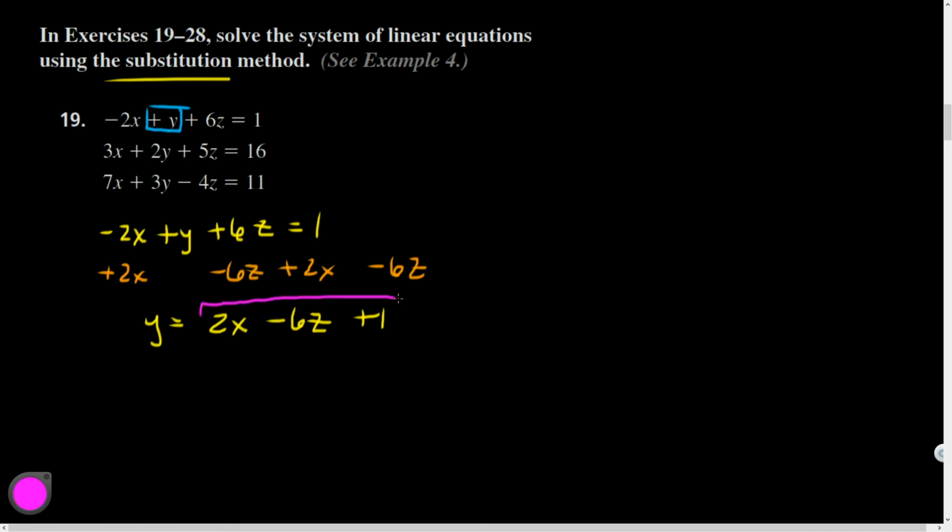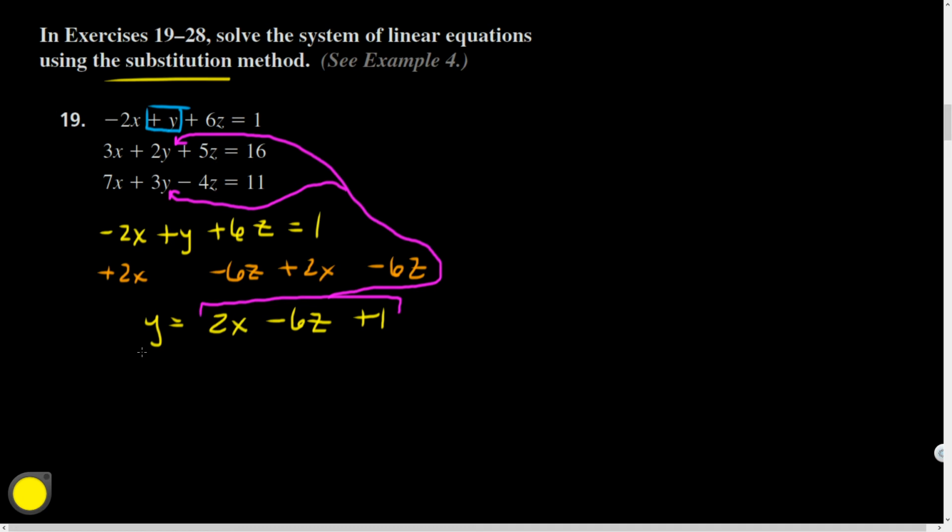And notice, if this is truly equal to y, that means I can replace y anytime I see it. And if I replace the y here and here, by substituting in for both y's, I'm getting rid of y and getting more x's and z's, which is similar to when I eliminated, is it not?